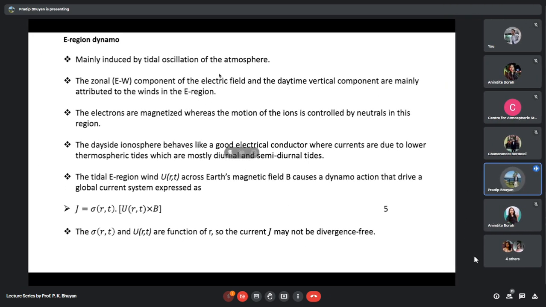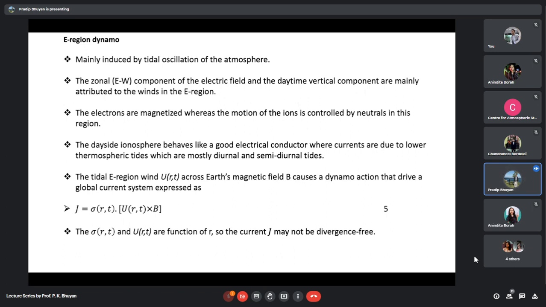So the zonal component of the electric field, next slide. Zonal component of electric field and the daytime vertical component are mainly attributed to the winds in the E region. So what we are talking about is the electric field. The electric field will be generated, and it has a zonal component, meaning east-west component.